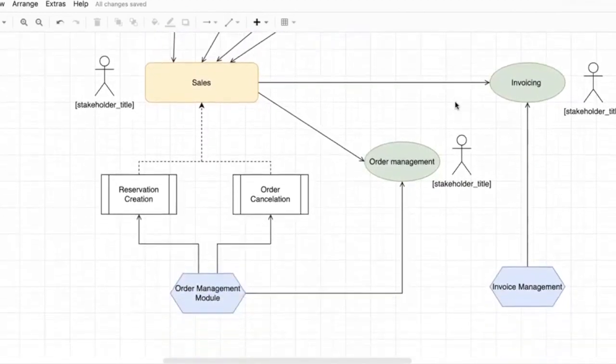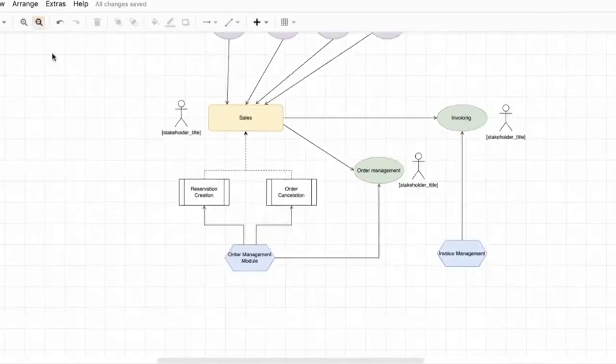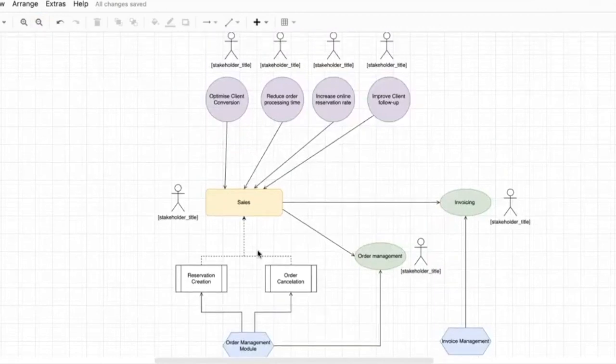This is a great way to pick up the information, to also validate it with the key stakeholders to make sure you understand the whole picture in a correct way. And it's also a great way to onboard other team members to this type of diagrams. And this is a really simple example.